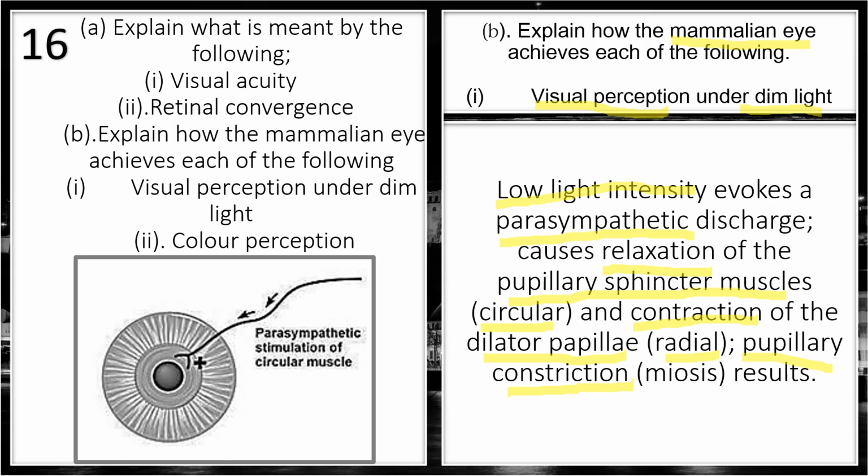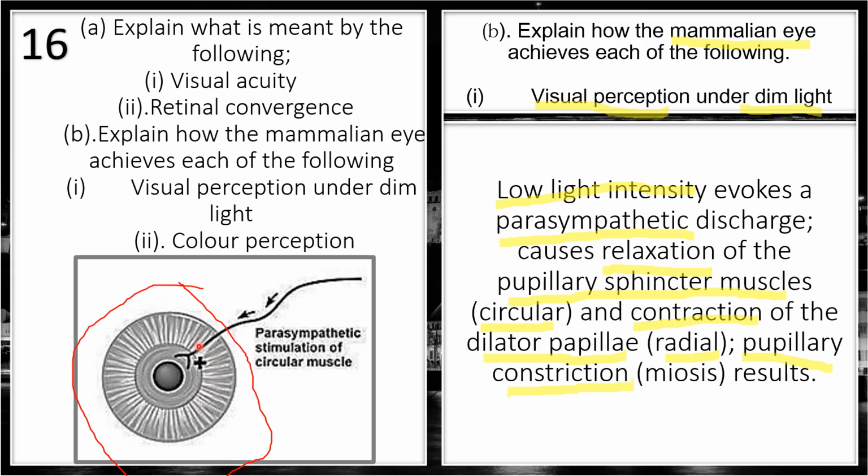So here we have the eye. We have our eye here, and we have the iris. These are our iris muscles. The ones inside are circular muscles, and the ones outside are radial muscles.